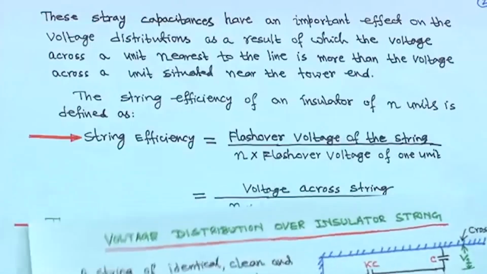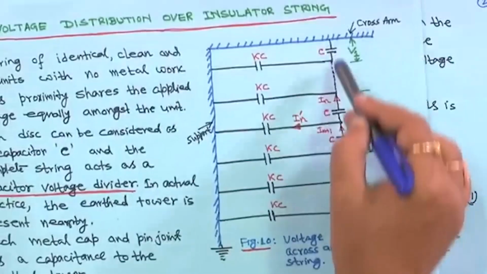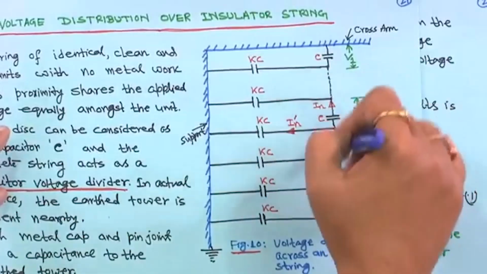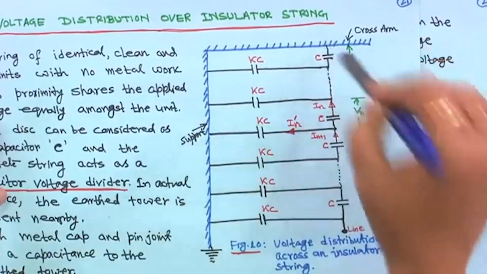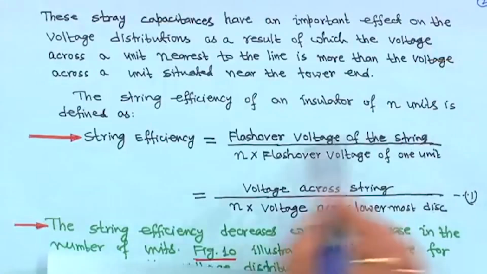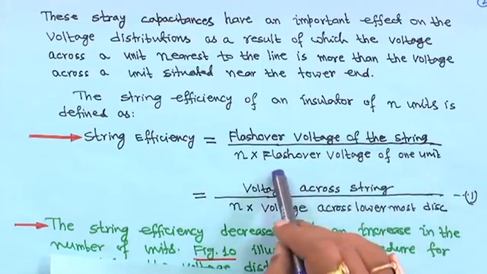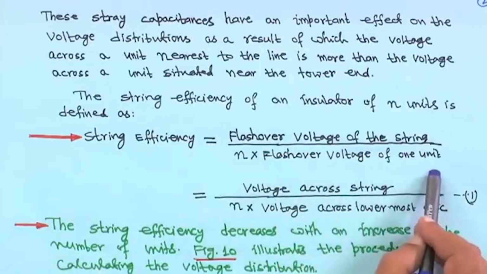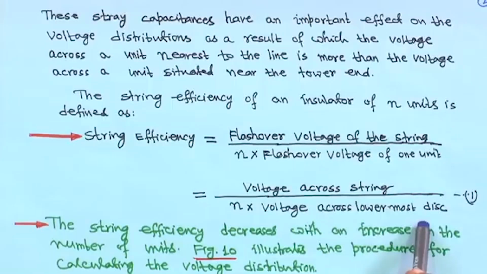So, the string efficiency of an insulator of n units, suppose in this string you have n number of units, will be the flashover voltage of the string divided by n into the flashover voltage of 1 unit. Another way to write it: the voltage across the string divided by n into the voltage across the lowermost disk.